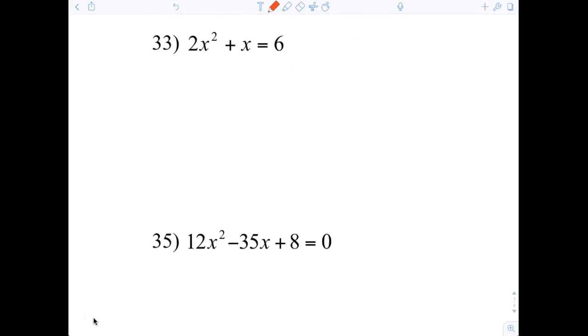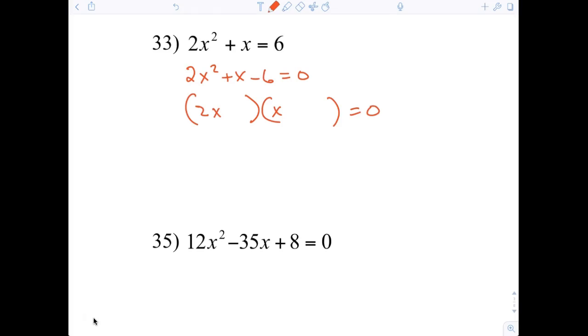It's not set equal to 0. So the first thing you have to do is set it equal to 0. So 2x squared plus x minus 6 equals 0. Everybody good with that? And now factoring, 2x and x. 3, where does the 3 go?